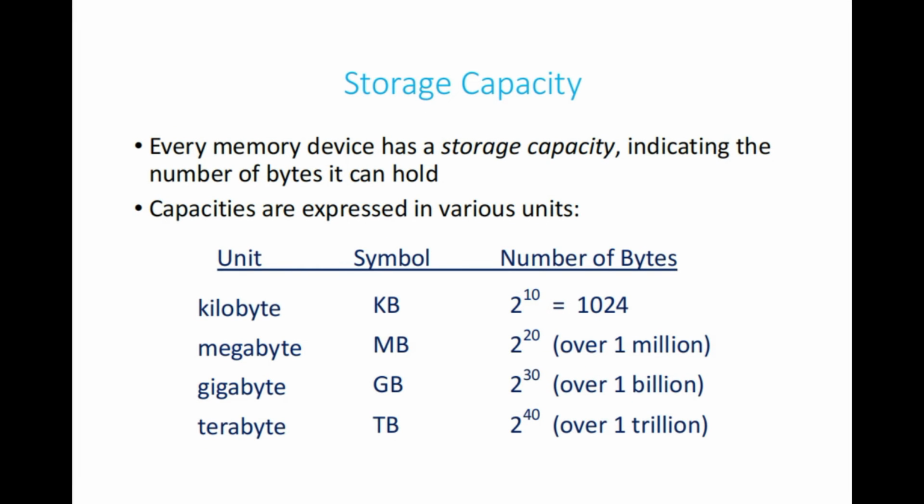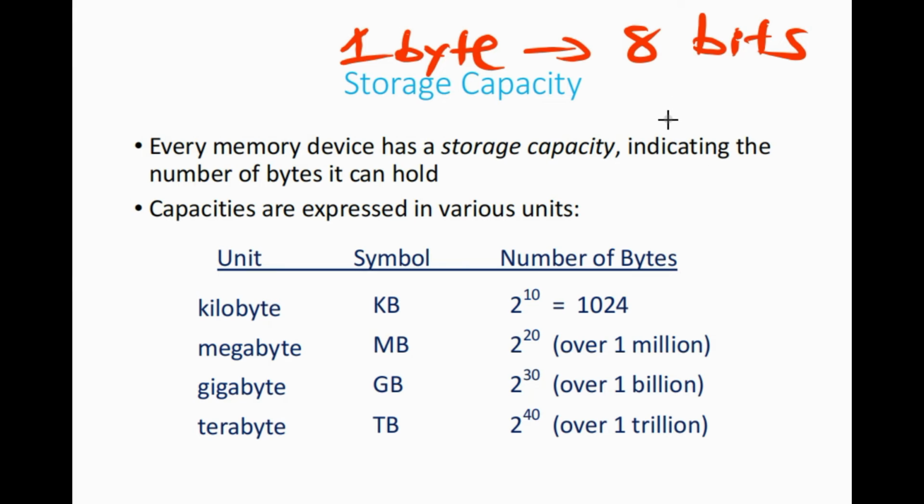Every memory device has a storage capacity indicating the number of bytes it can hold. One thing we need to be aware of is a byte. 1 byte makes up 8 bits. That's also very important. Remember, a bit is either a 0 or a 1.